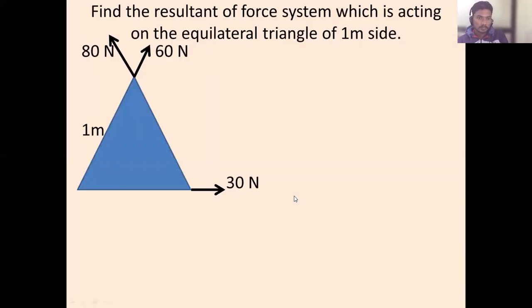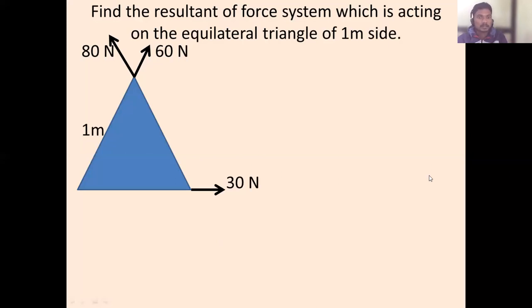Now, numericals. Let us see. Now, most care you have to take while solving the problem. So, who will read this problem loudly? Find the resultant of the force system which is acting on the equilateral triangle of 1 meter side.